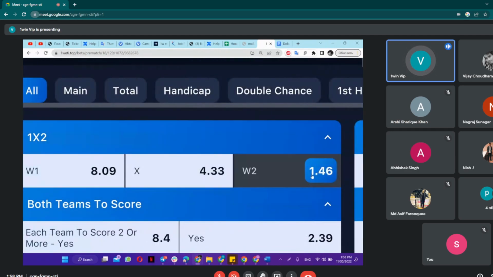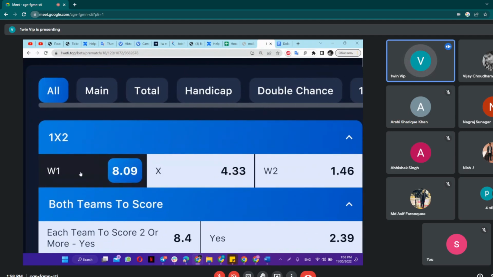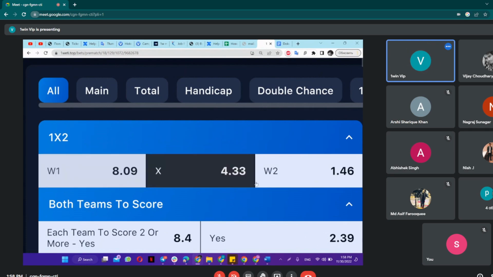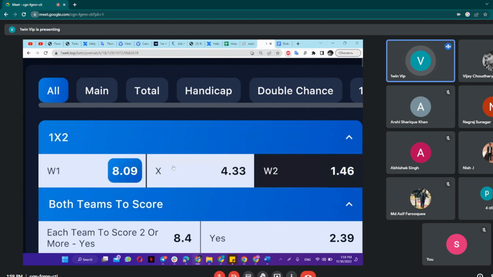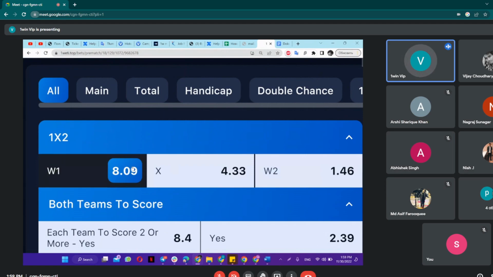So this coefficient is lower, this coefficient is higher. So by placing $1,000 at this coefficient for winning of the first team, we will already be able to receive a maximum profit of $8,000. It's much, much higher. But again, lower coefficient, less risk to lose the bet. Higher coefficient, higher risk to lose the bet.